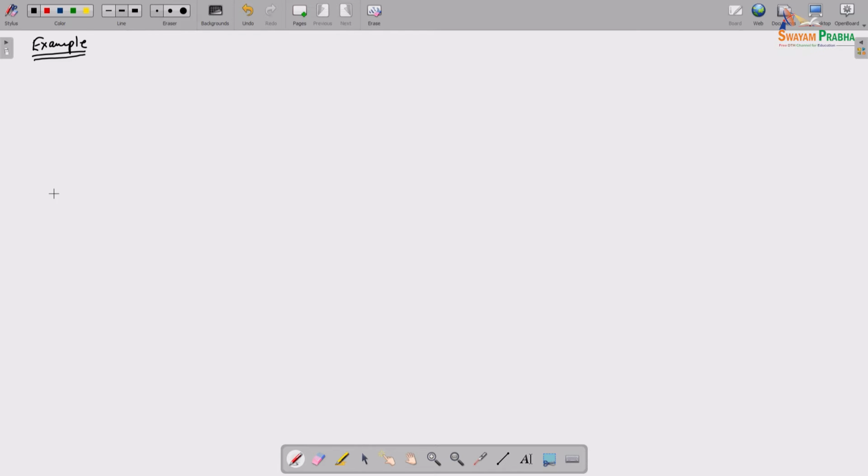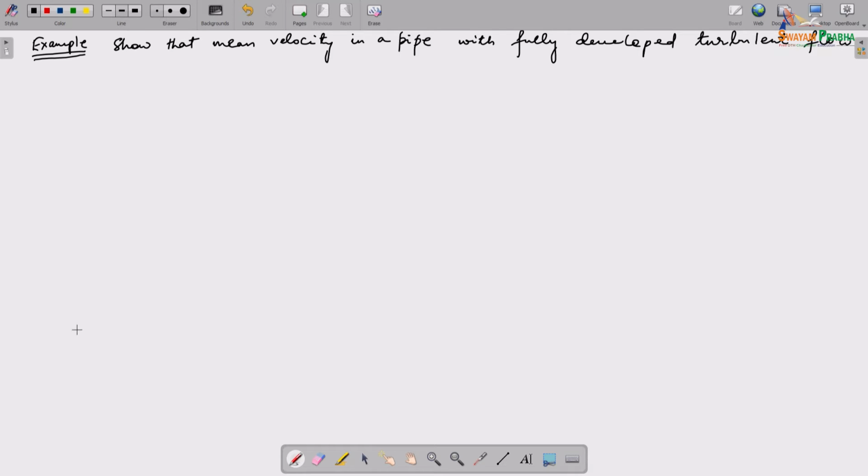This example says, show that mean velocity in a pipe with fully developed turbulent flow is of the maximum velocity.